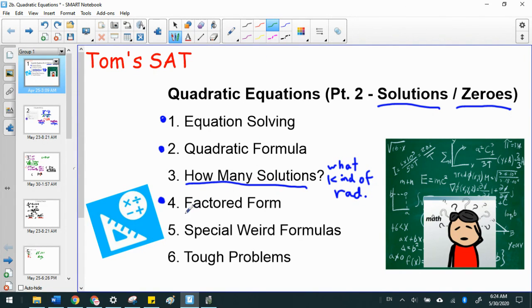And the factored form is really, really good for finding particular solutions, but only if those solutions are integers and not irrational numbers. And that is how you can exploit the different methods of the quadratic equation to deal with different kinds of situations as easily as possible. Hope you guys learned some stuff today.